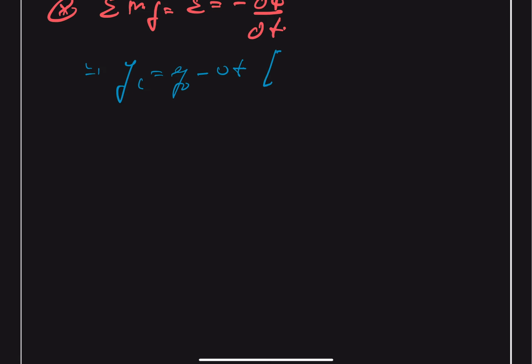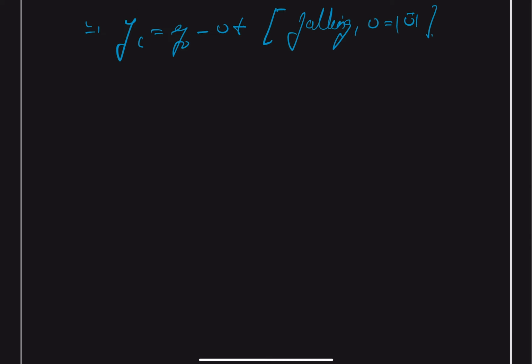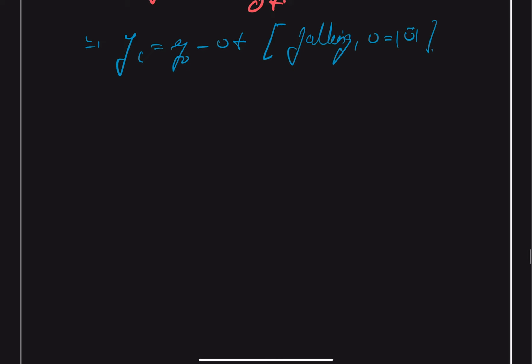Because it is falling and we are given the velocity, which is nothing but the magnitude of this one, from here we can write that dy upon dt, which is dyc upon dt, will be equal to minus of v.